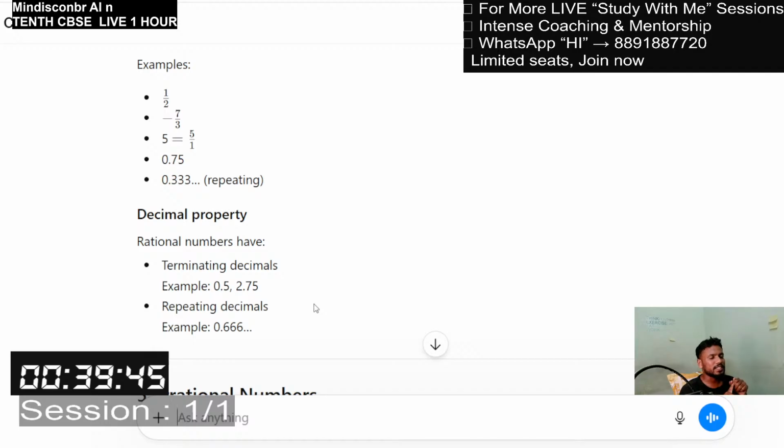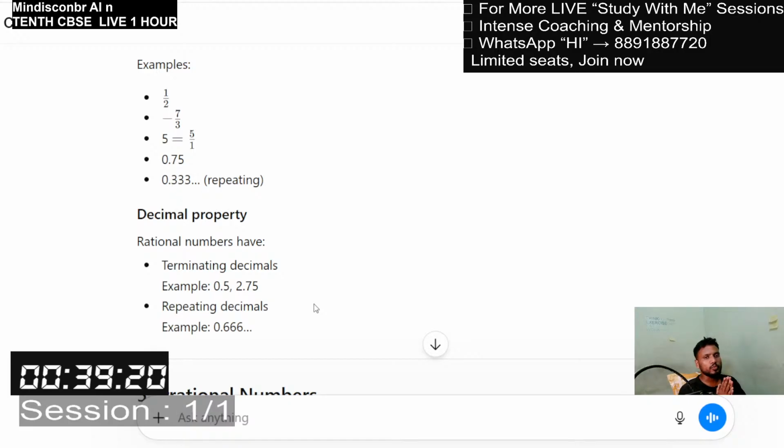First one is terminating decimals, which means it should end. For example, 0.5 is 1 by 2, which can be expressed in the form p by q. When we calculate 1 by 2, we get 0.5, and after 0.5 there are no more decimal digits. So it is terminated, and we can say that 0.5 or 1 by 2 is a rational number.